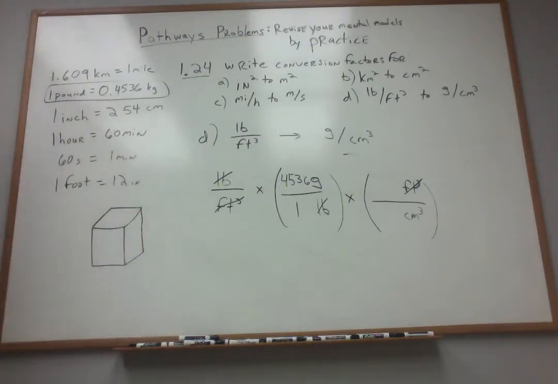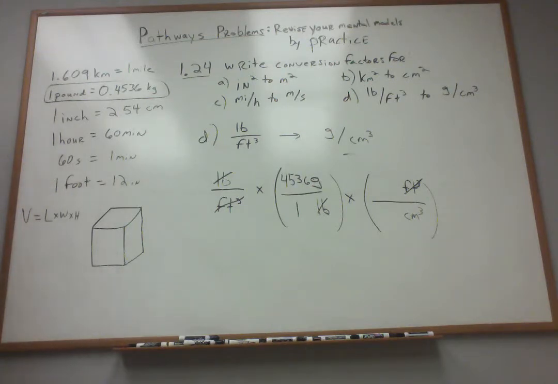So this is my cube. It has a volume associated with it. If I'm going to compute that volume, I could do length times width times height. And that would be the volume of my cube in whatever units I measure those 3 dimensions with.